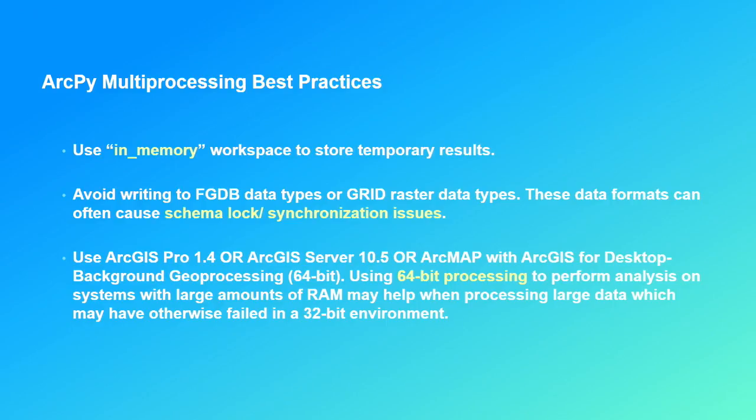Just to touch on a couple of points that may not have popped out at you, the in-memory workspace is a very important thing to consider using when multiprocessing. You want to use as much of the faster hardware in your computer as possible. There's generally a hierarchy: the CPU and CPU caches are the fastest, memory's a little bit slower, but quite a bit faster than writing to disk.